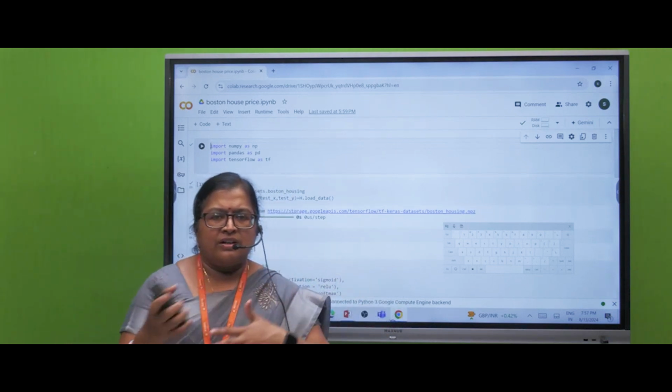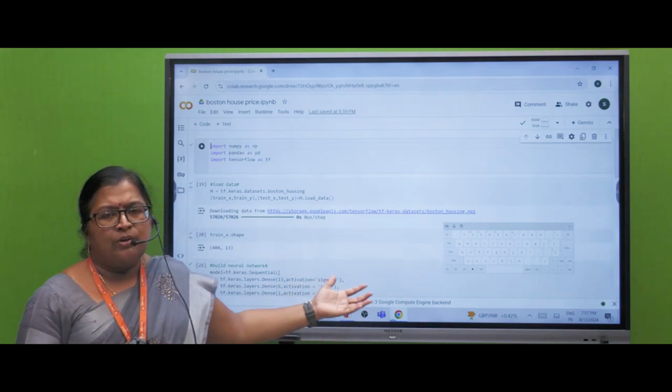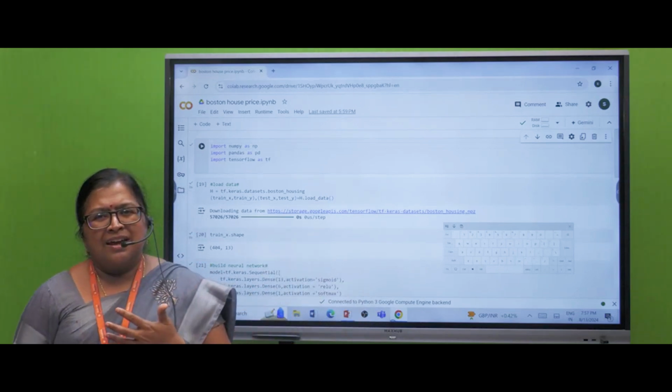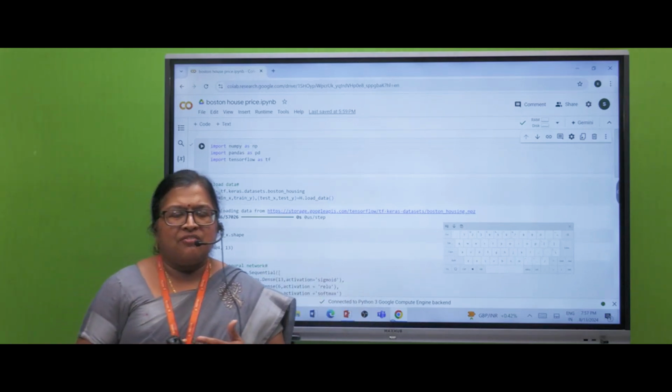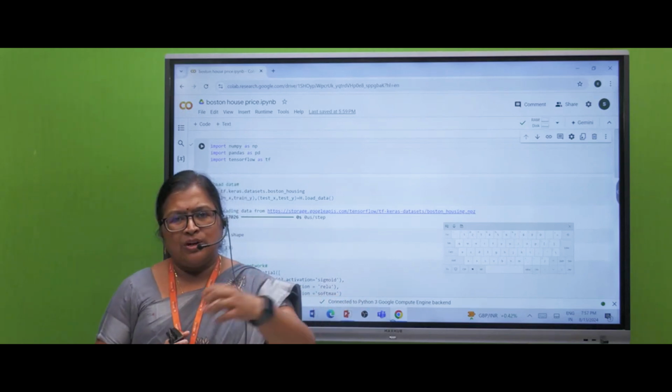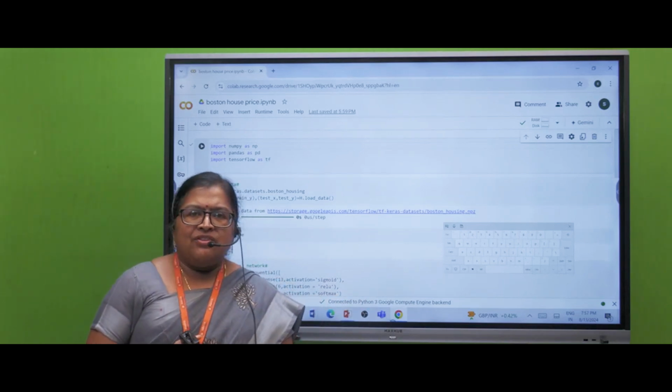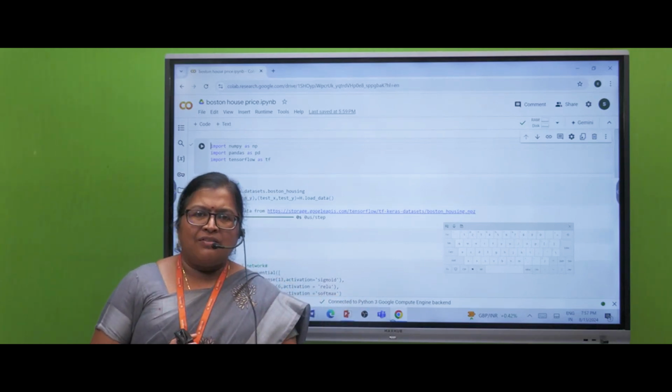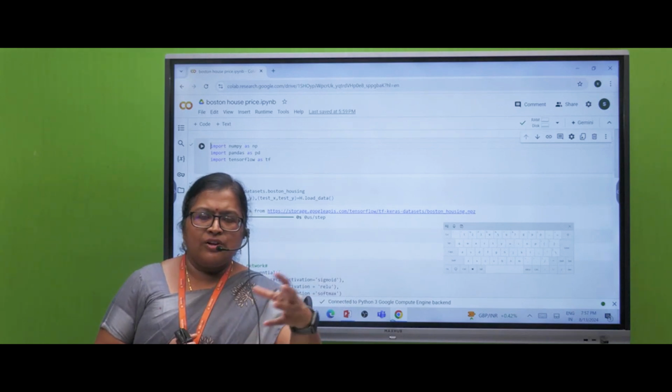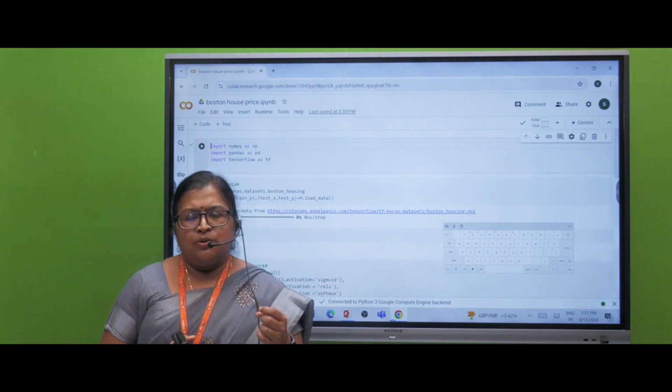Here I am going to use TensorFlow because it is very flexible and useful for neural network problems. If you are using a Jupyter notebook, you have to install TensorFlow there.